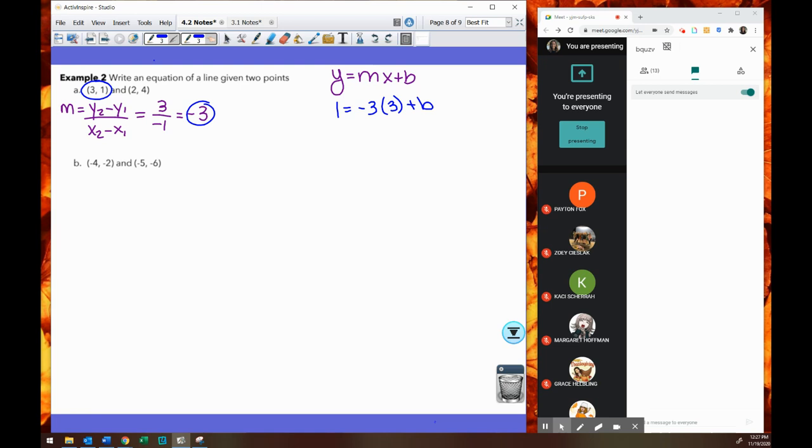The only time I pick one over the other is if one is all positive. I'd rather look at positives than negatives. If there's fractions in one, I don't want to do a bunch of math with that. But it's going to give you the same answer. So we get 1 is equal to -9 plus b. So then you get a value of 10. Do the same exact thing if you plug in the other point.